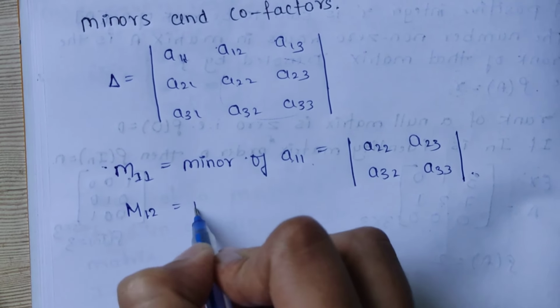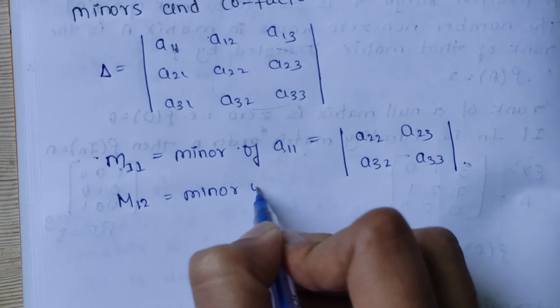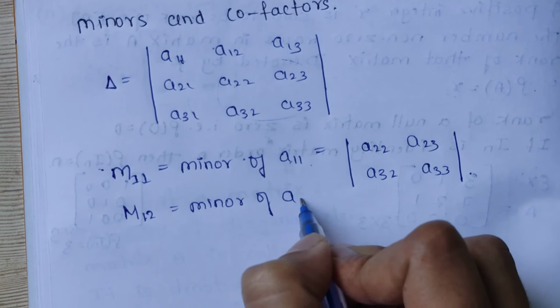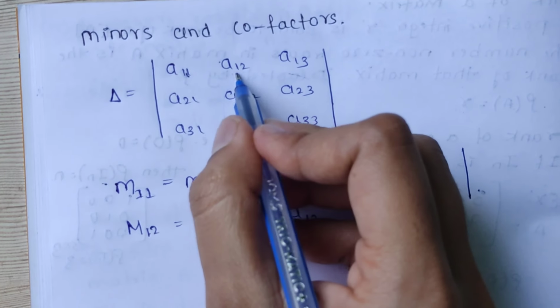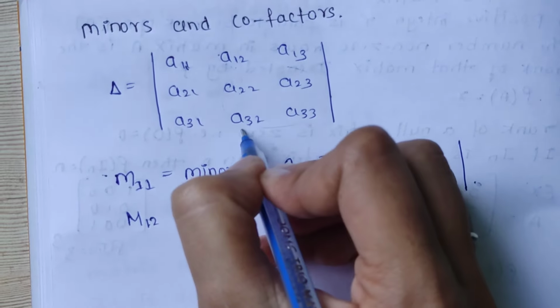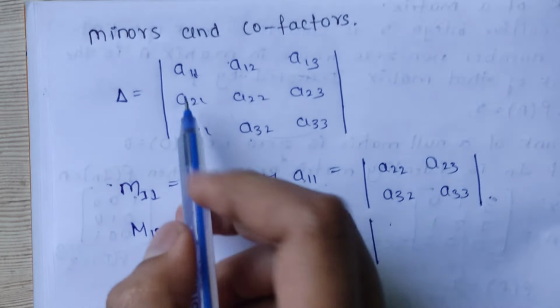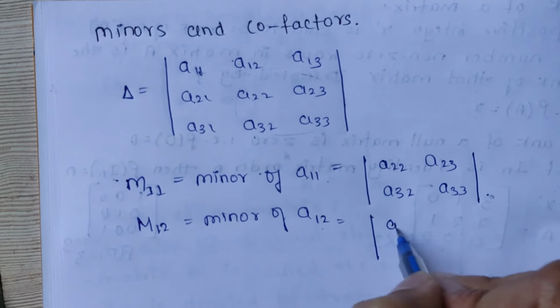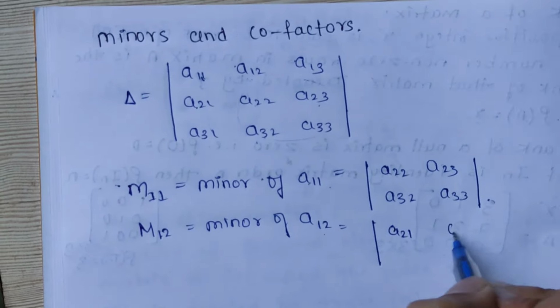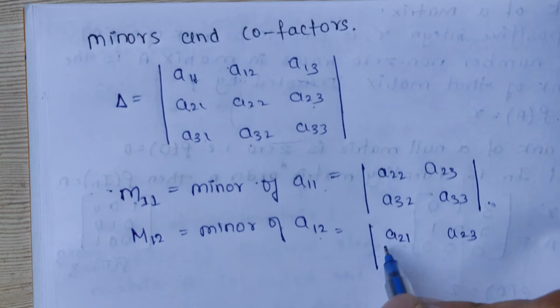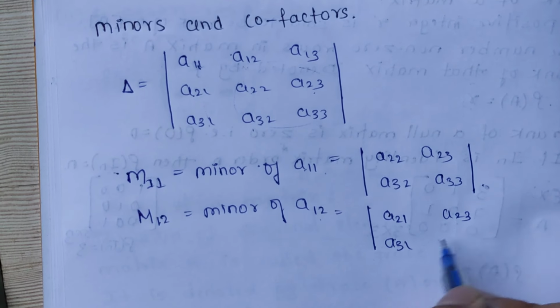So A12. So what is the minor of A12? First row, second column we have to leave in A12. The remaining are A21, A23, A31 and A33.